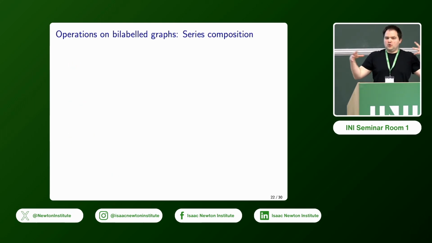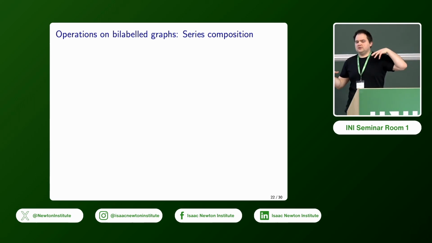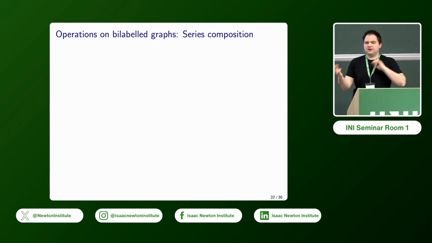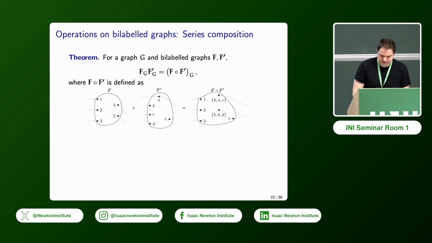So we have some operations on these bilabeled graphs that will also correspond to operations on the corresponding matrices. So let's go through them. We have two bilabeled graphs, F and F prime, and this is the series composition.